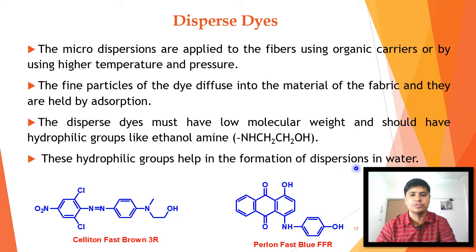One example of disperse dyes is Celliton Fast Brown 3R, and the second example is Perlon Fast Blue FFR. This is an anthraquinone based disperse dye, and this is an azo based disperse dye.